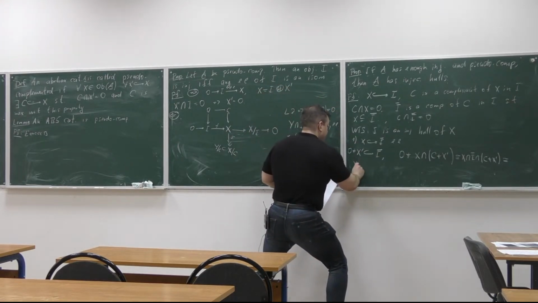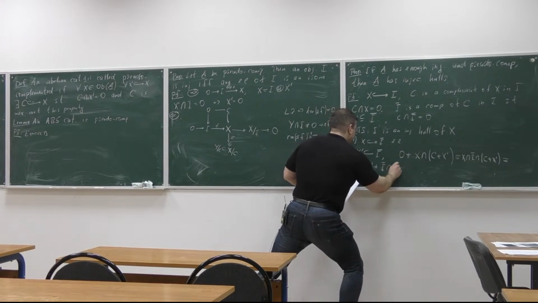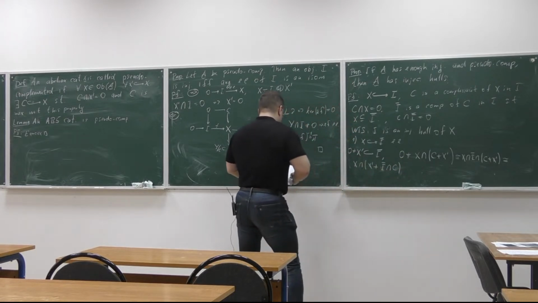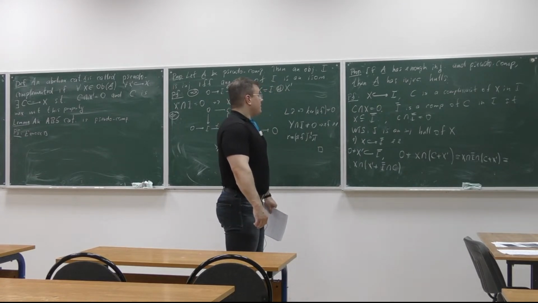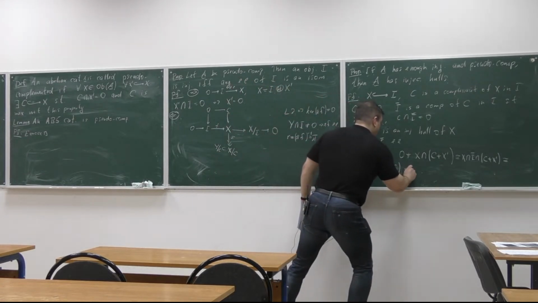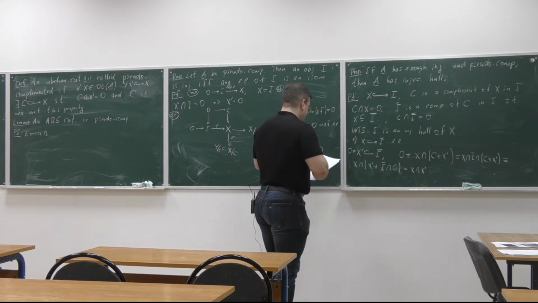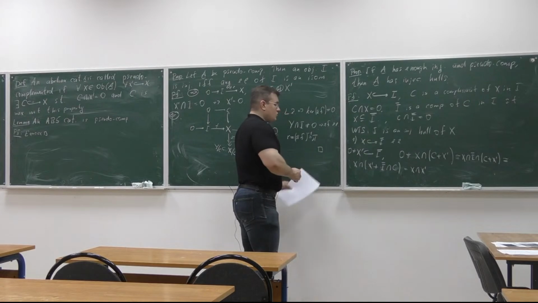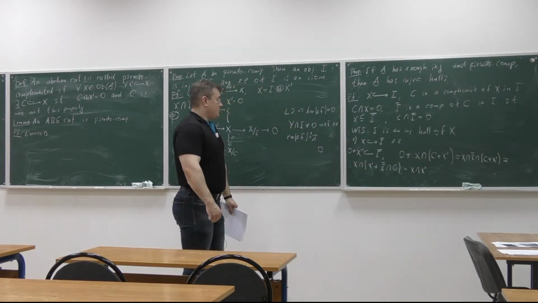I still have X intersection, and now applying the modular law, X prime plus I bar intersect this C. Well, C intersect this I bar is 0. So this is X intersect X prime. And that is not 0. So we finished the proof of the first claim that this is the essential extension.